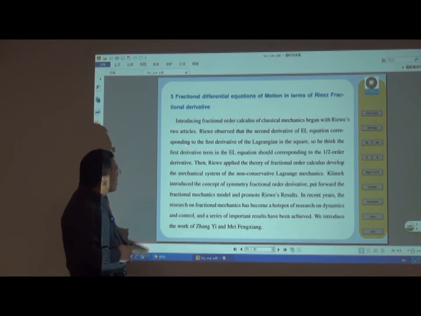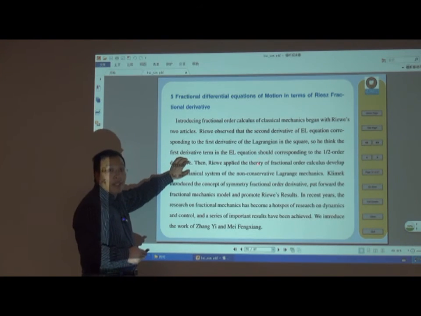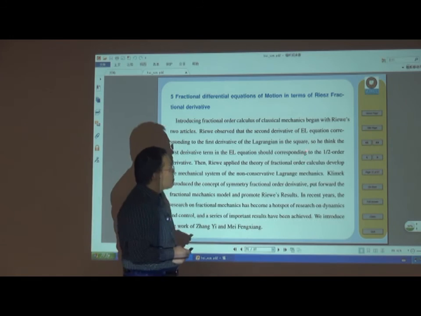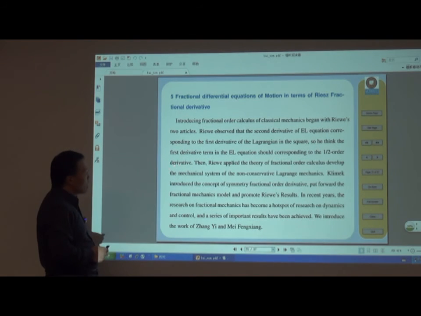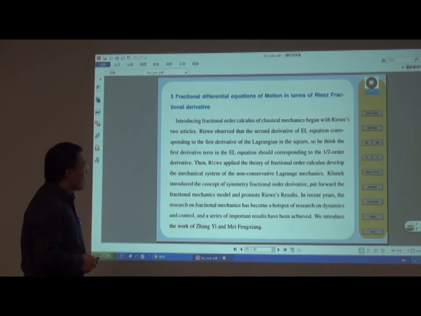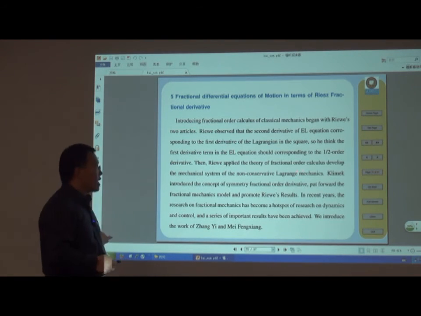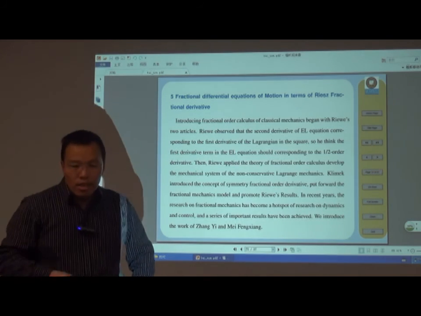So he thought the first derivative term in the Euler-Lagrange equation, the damping term, should correspond to the half-order derivative. Then we apply the theory of fractional order calculus to develop the non-conservative Lagrange mechanics.